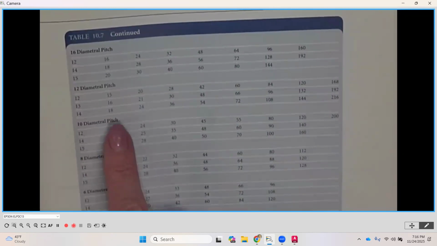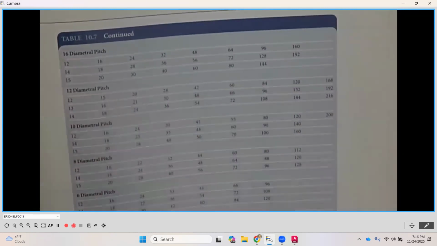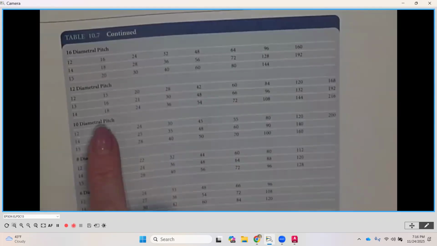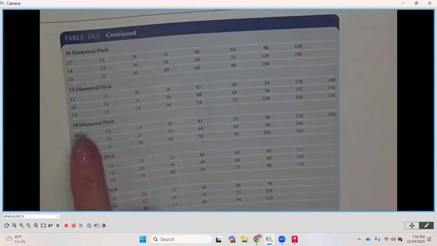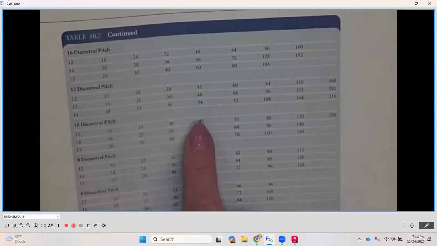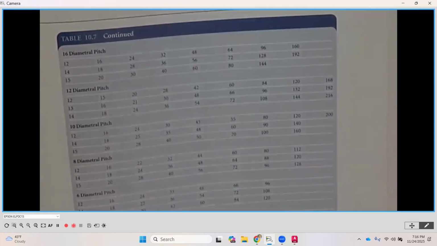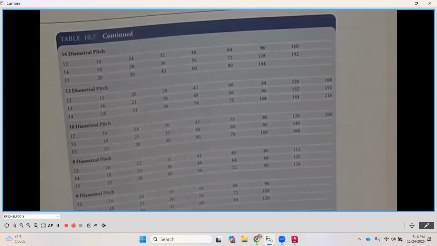Now, what this means is if I would go to a gear manufacturer's catalog and look up diametral pitch of 10, they are going to have listed gears that have these standard numbers. Again, these are numbers that are overseen by the American Gear Manufacturers Association, so these numbers will be readily available.